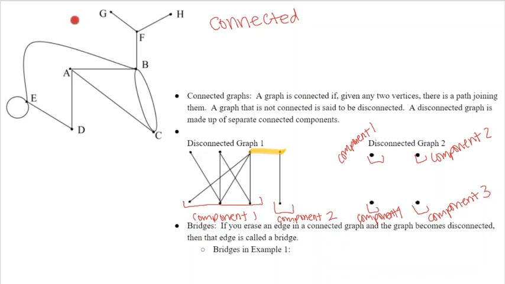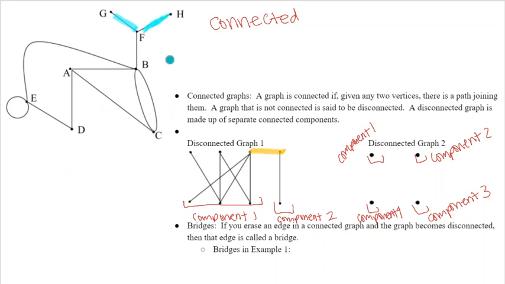So looking here, what edge could we erase and make this a disconnected graph? Well, there are actually a few bridges. We have GF, where if we erase this edge, G would become an isolated point. Same thing with HF.